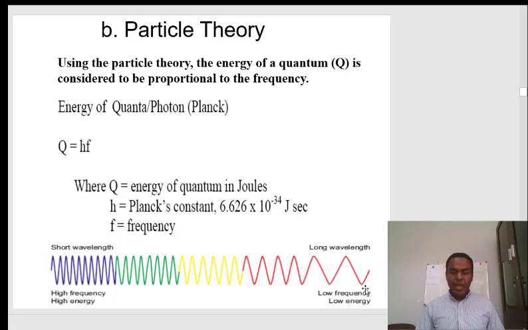But at short wavelengths such as X-ray, gamma ray and cosmic rays, the energy associated with such radiation is very high, and they can easily damage our health because they are stronger. Because of particle theory and wave theory, we now have some clue about the energy and the frequency associated with wavelengths.